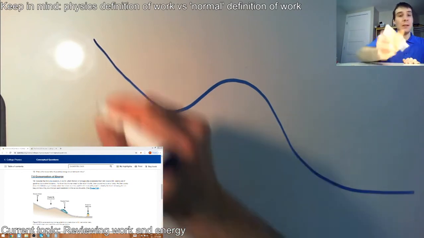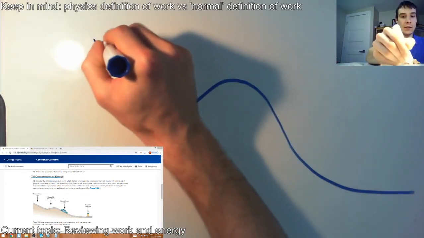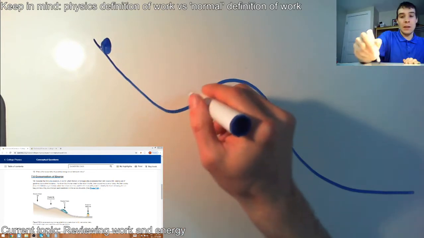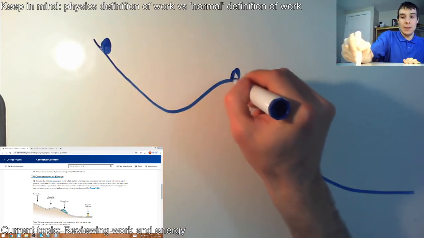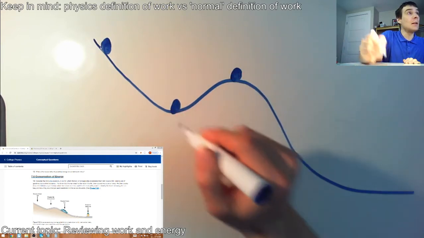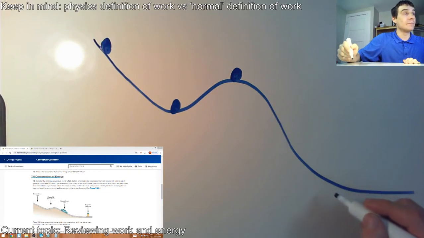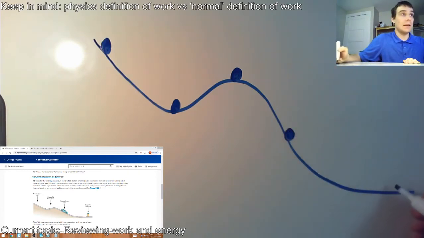Right, we've got the car. We have these sections here. This is where it starts coasting. This is where it comes up the hill. There's the bottom of the hill. It coasts down the hill, and then it is stopping to get gas at the gas station.